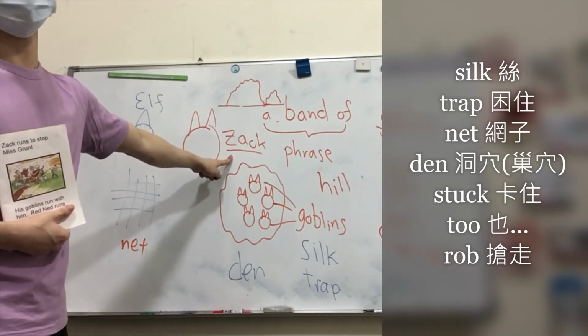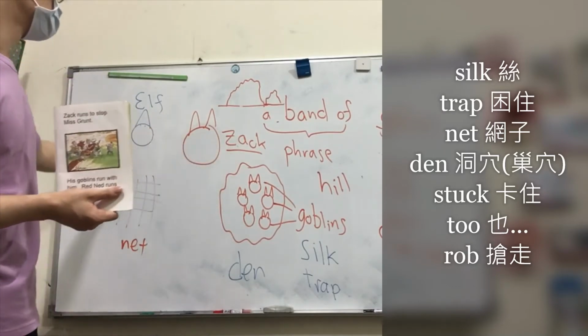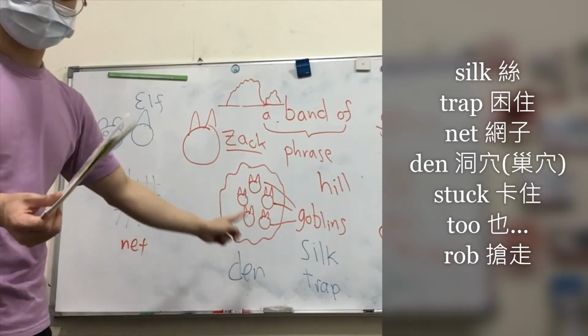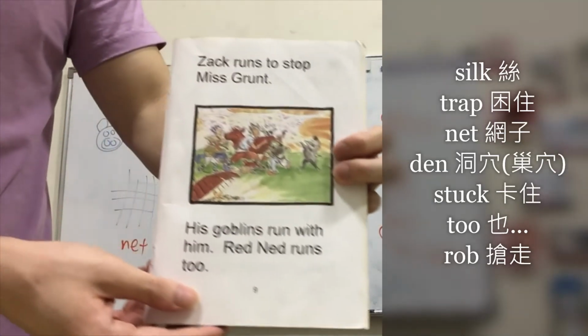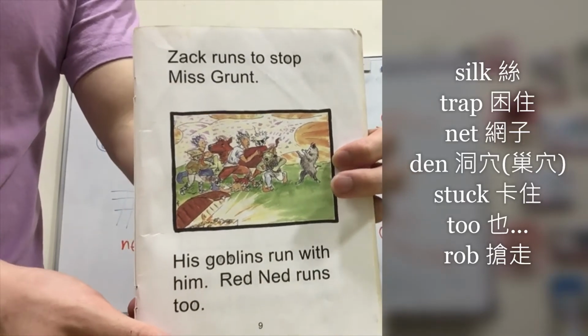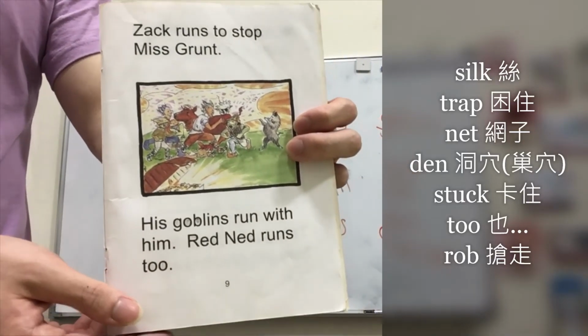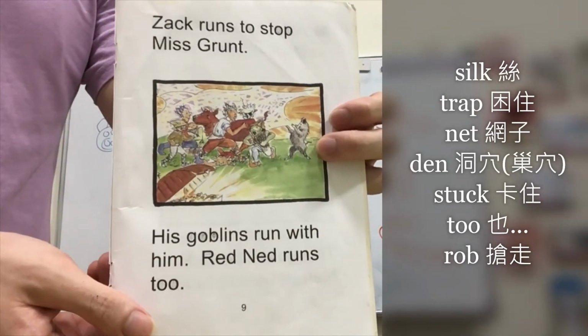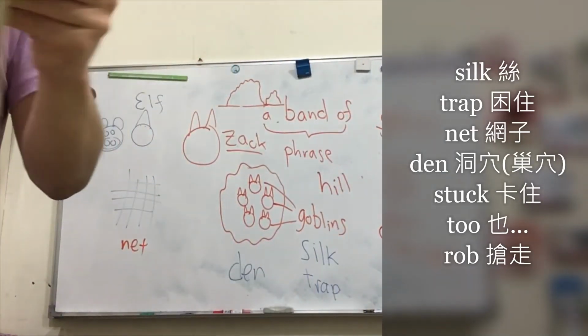Zack will try to stop Miss Grunt. So Zack and his goblins run to stop Miss Grunt. And of course, the ox ran as well.